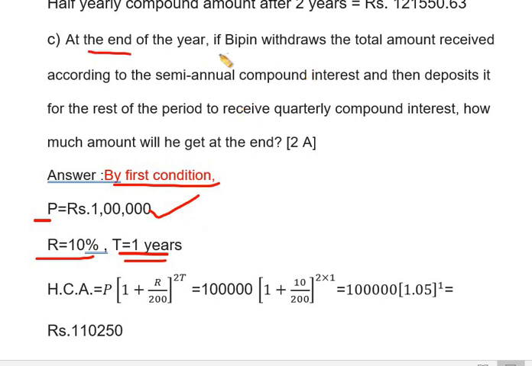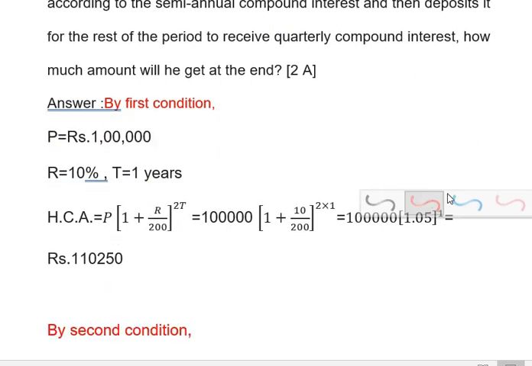In the first year he deposits at the rate of half-yearly, semi-annual compound interest. After that he deposits at quarterly compound interest. So first you should find the compound amount, because he deposits all the amount obtained after the first year into the second year.